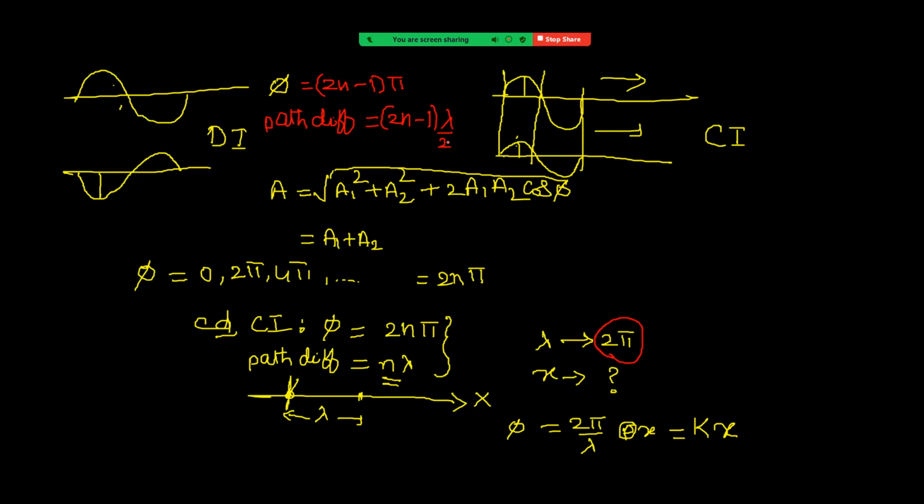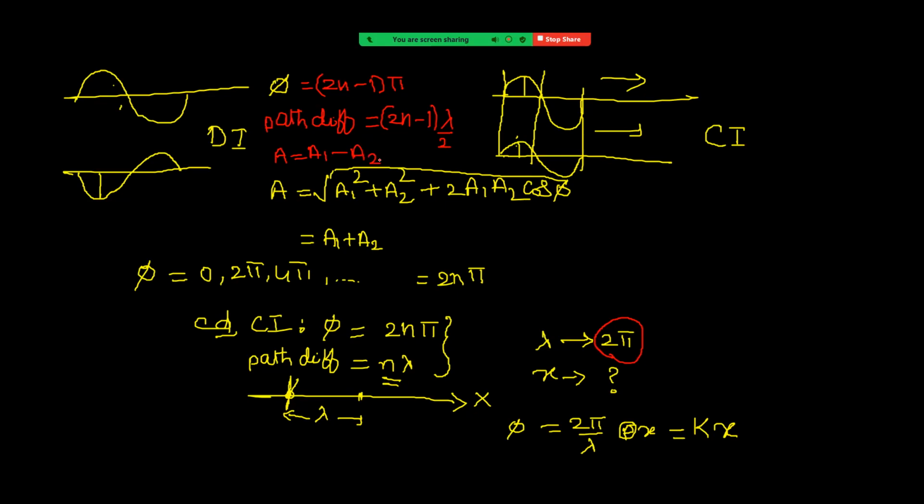So the condition for destructive interference: phase difference equal to 2n minus 1 into pi, or path difference equal to 2n minus 1 into, in the place of pi, lambda by 2. Right? In that case, amplitude will be A equal to A1 minus A2.